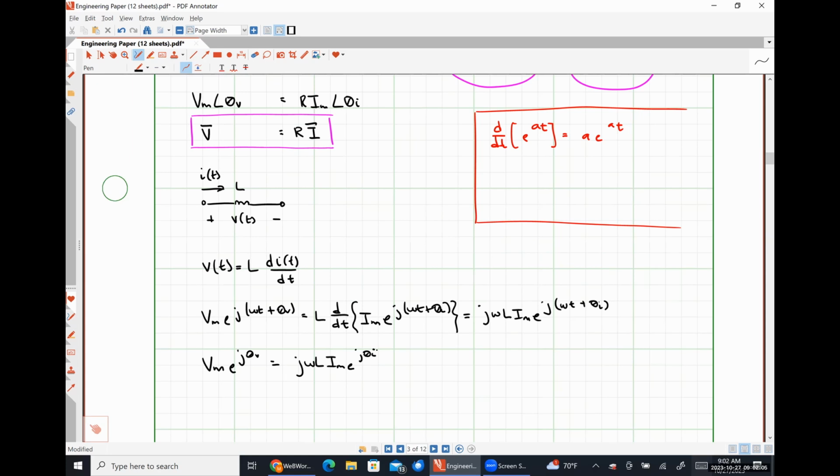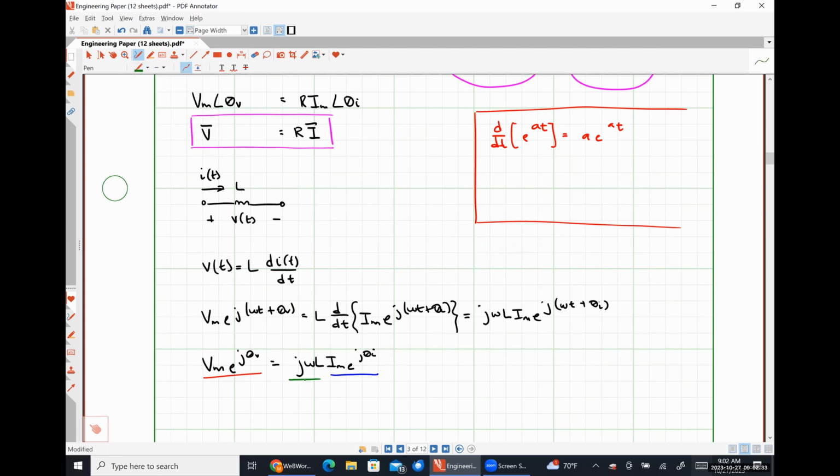Right now we have this in kind of an interesting form, so let me explain what I mean. This part right here is a polar form, or exponential form, complex number. This part right here is also an exponential form complex number.